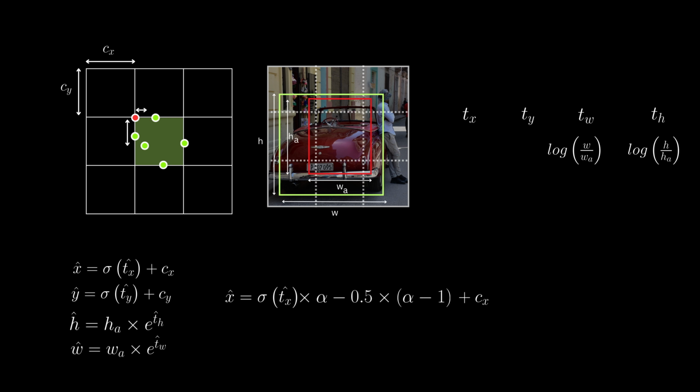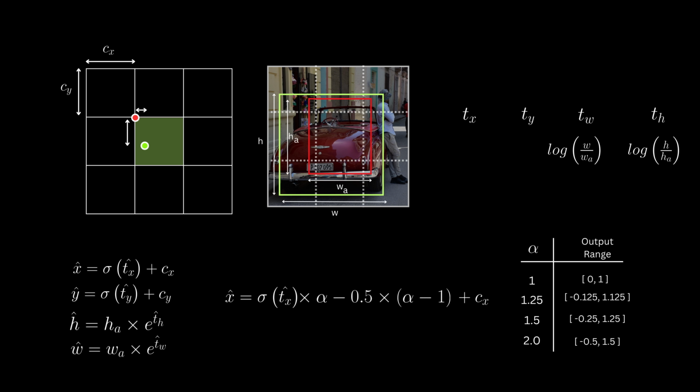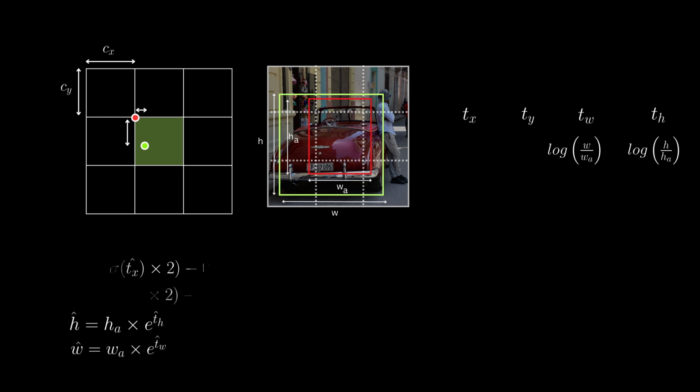But using this expression, we have reduced the extent of that problem, as now the range of offset values that can be predicted by the network are larger than 0 to 1. So for predicting box centers on grid cell boundaries, we don't need the sigmoid output to be 0 or 1. YOLO v5 has the same expression for XY coordinate prediction with a value of 2 used for alpha.